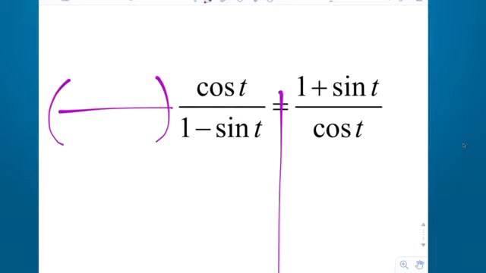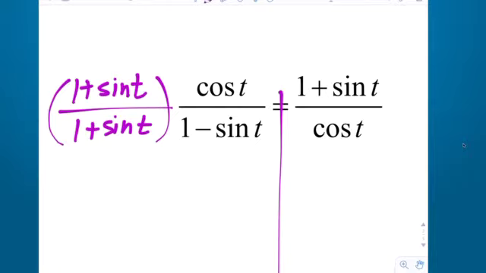I would have to multiply 1 minus sine by its what? Conjugate. That would be 1 plus sine of t. But if I do it in the denominator, I also have to do it in the numerator, because that is now equivalent to what? 1. So that could be one of your motivations. Multiply by the conjugate over the conjugate to set up a difference of squares, which would then become a Pythagorean substitution. That's one way to look at it.